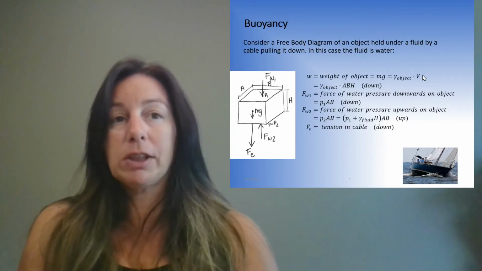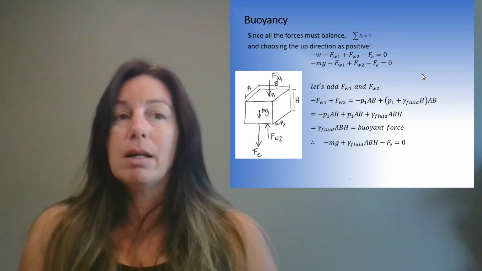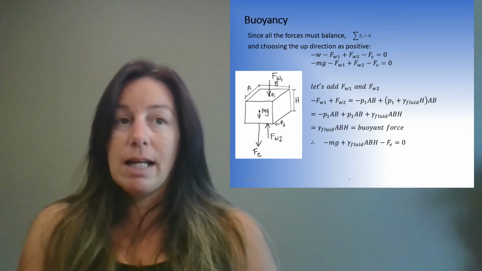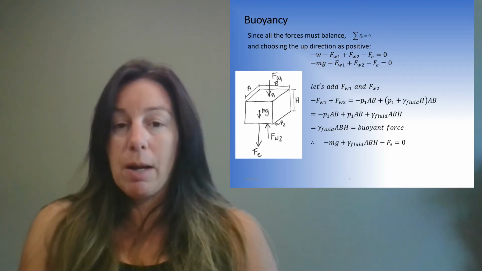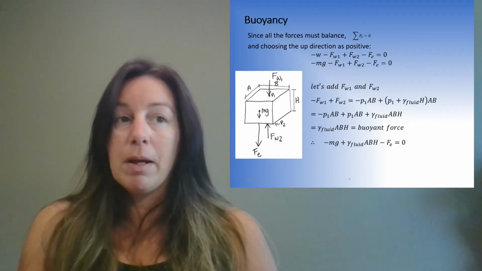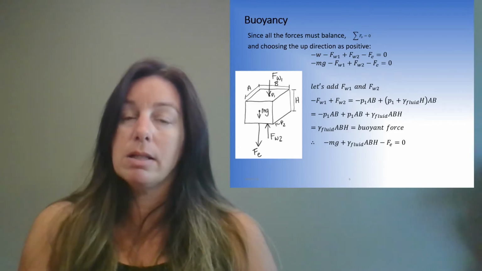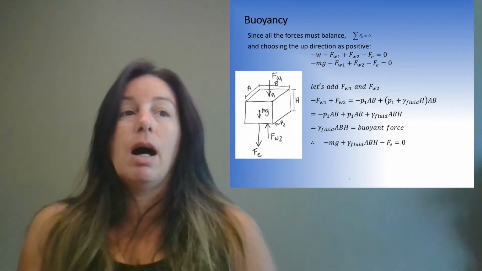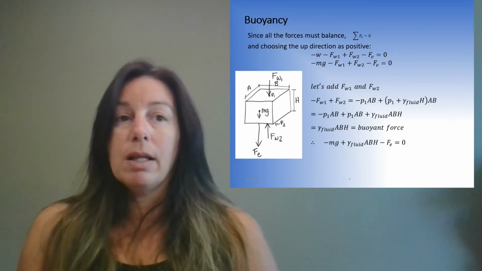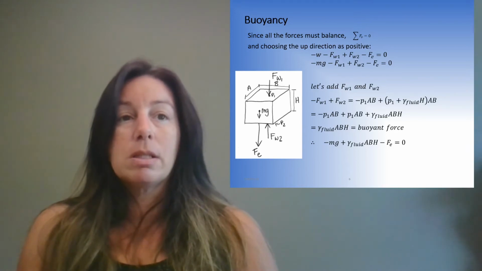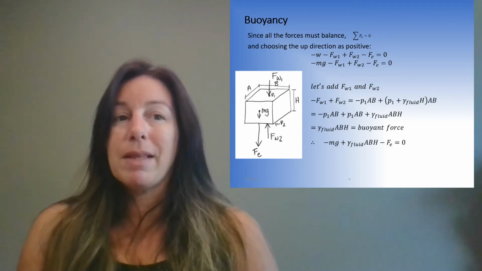So we've got the pressure from 1, A times B, and it's negative because it's acting down for force W1. For force W2, we've got that pressure at 1 plus that gamma, the unit weight of the fluid, times the height, multiplied by the area, that A times B. So we follow it through, pull it all out, and look, some things cancel.